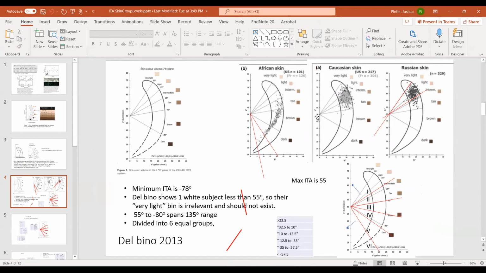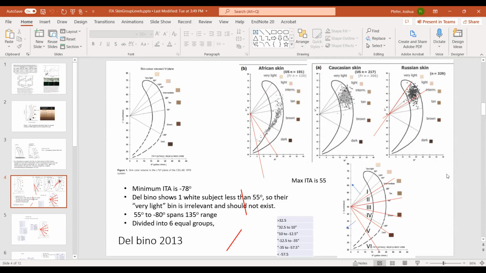If you look at this, you can see that the limit for very light skin is only about 55 degrees. And yet there's a category that's above 55 degrees. There's almost no subjects above this. So the original scale, I think, was inherently flawed in that there's an almost empty category at the top.